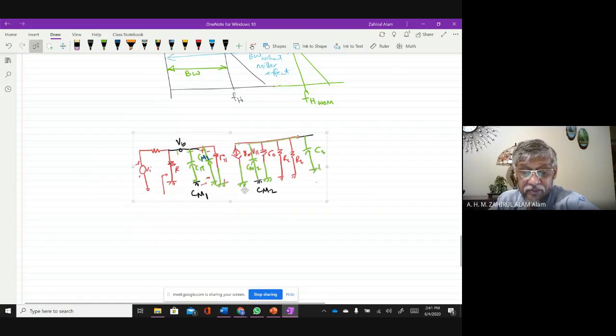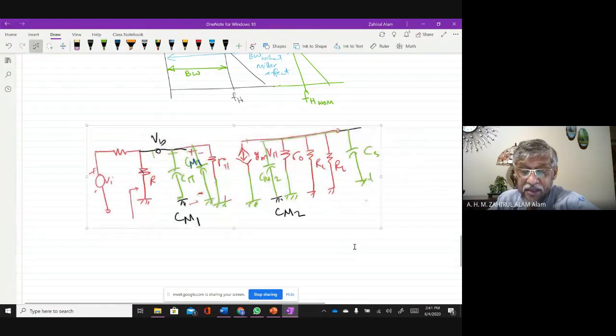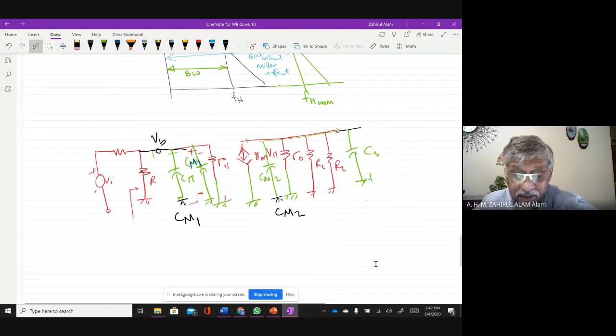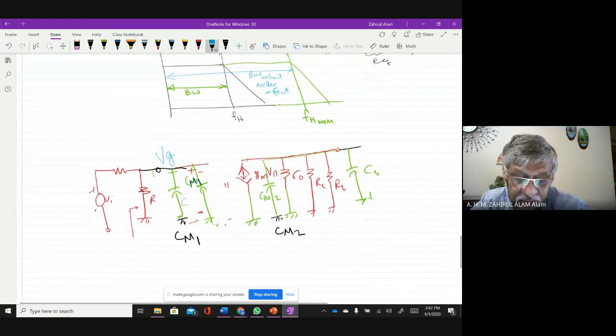So this is a BJT equivalent circuit, is it right? Miller equivalent circuit. For the MOSFET, this one is VG. So there is no R pi. And this C pi is equal to CGS.